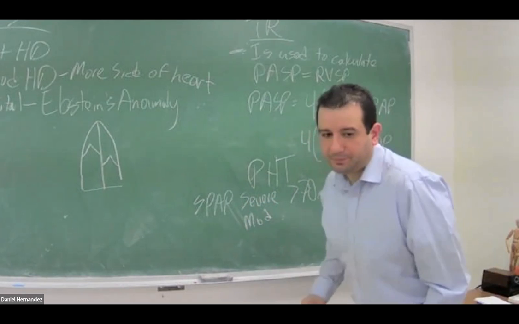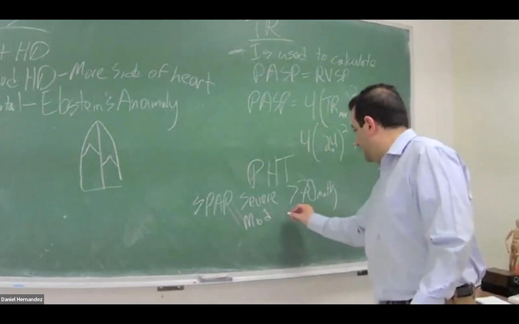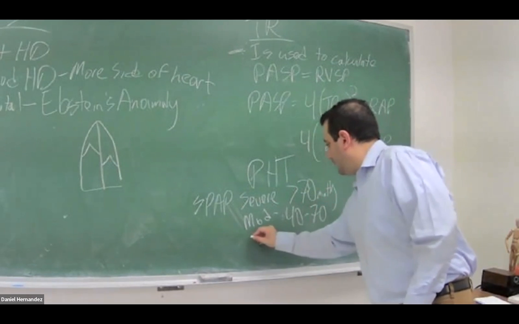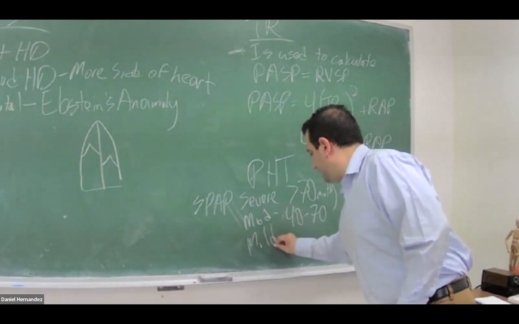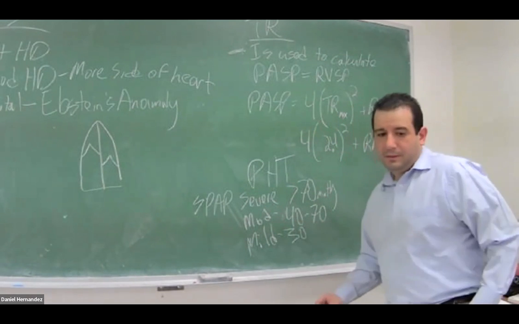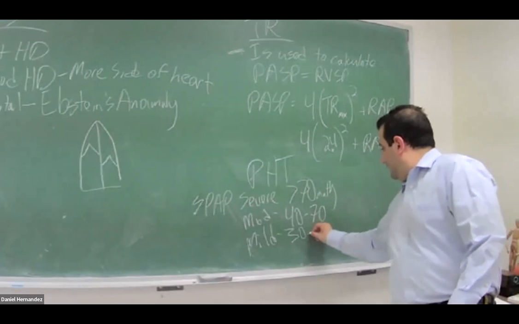Moderate, it's going to be 40 to 70. 30 to 40.